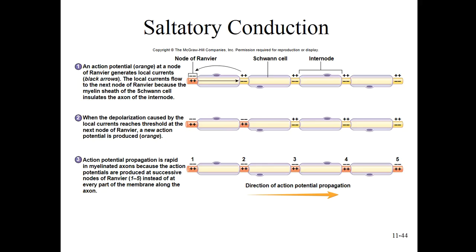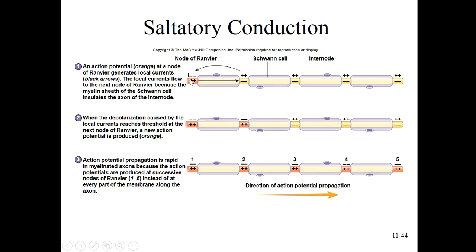Myelinated axons are so fast because instead of depending on that wave of depolarization to move segmentally down the axon, it gets to the myelinated section, and then diffusion of the ions actually goes even faster. And so it triggers the action potential, and then that triggers the next action potential.